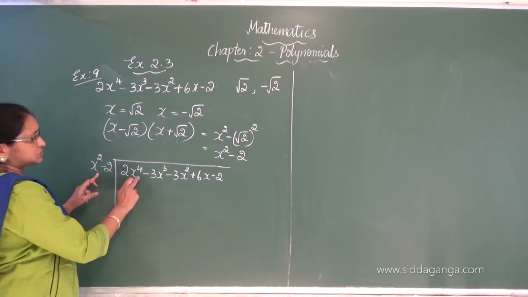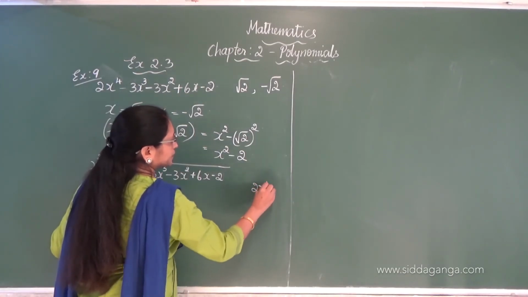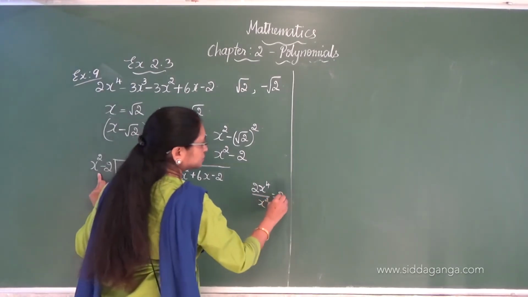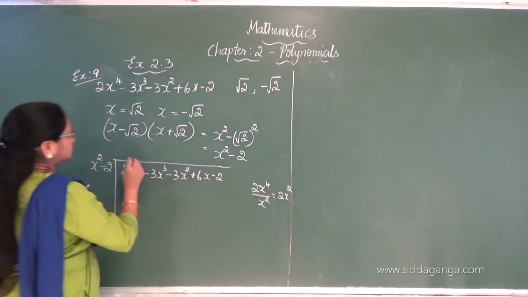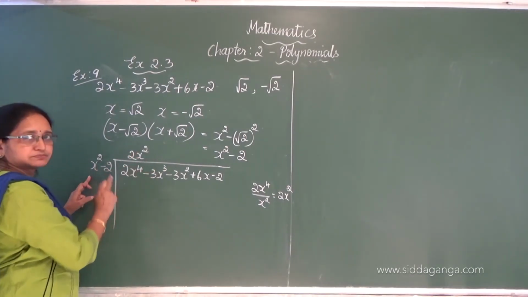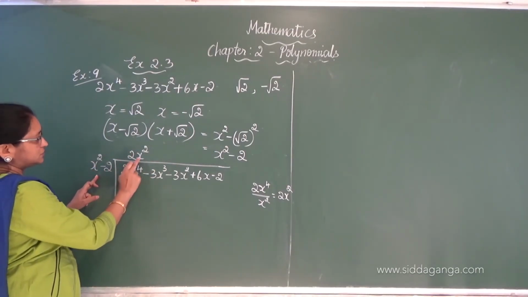Now, you will get, see this is the second step I am doing. Now, 2x to the power of 4 divided by x square, so you will get 2x square. Now, 2x square is the first term, so multiply this polynomial by 2x square.